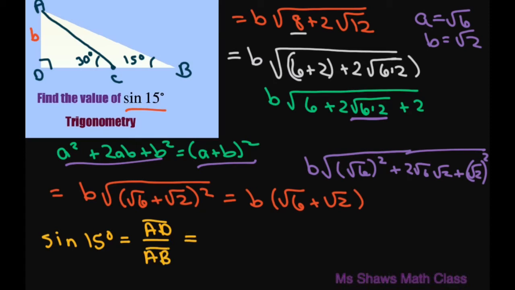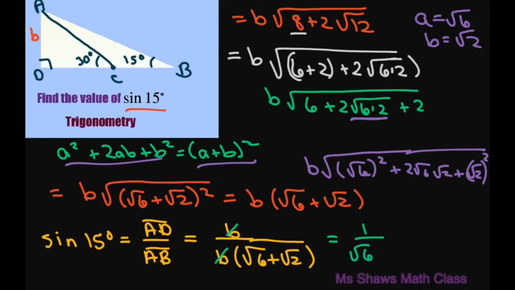So using substitution, that gives you b divided by b times square root of 6 plus square root of 2. Now these b's cancel out, so that gives you 1 divided by square root of 6 plus square root of 2.